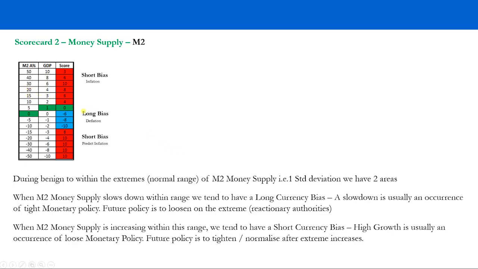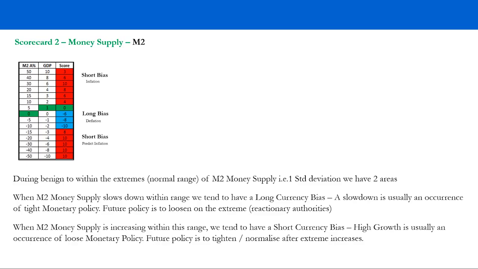Now, when we look at the deflationary area over here, so when the money supply is decreasing, we tend to have a long bias towards the currency because a decreasing money supply is deflationary or predicting future deflation.